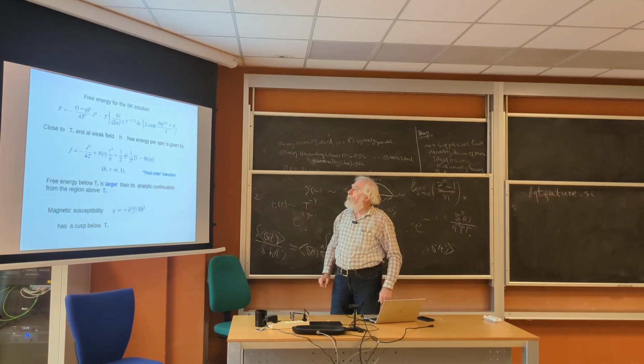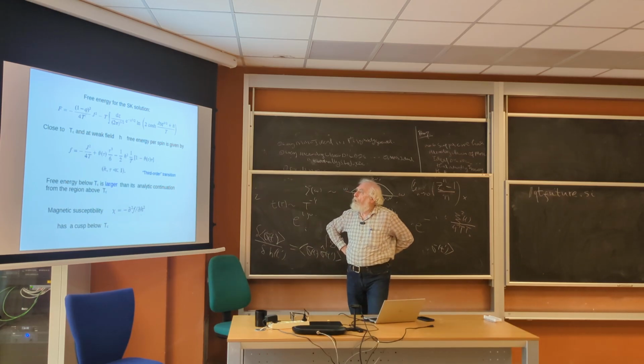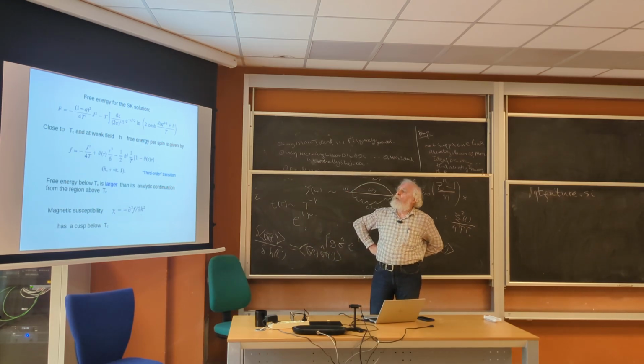Now, once we made it, we can get a free energy for this Sherrington-Kirkpatrick solution. It is given by this simple expression. You may remember the first term reminds you of what we have seen in the Thouless-Anderson-Palmer solution.